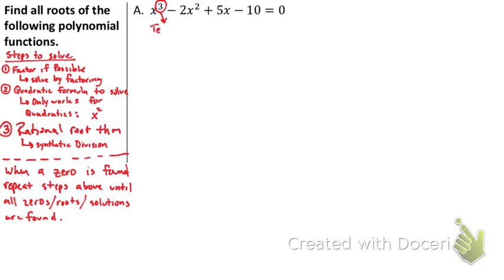It tells us how many solutions we should have. So in other words, how many answers, how many zeros, how many roots we should have. So when we're done, we should have 3 answers.